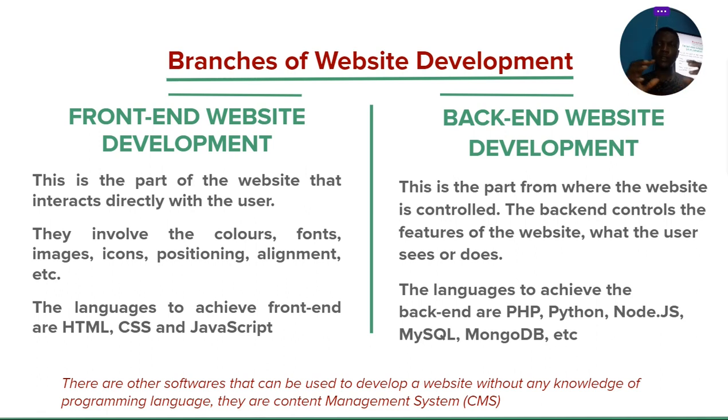It's basically built on HTML, CSS, and JavaScript. The HTML controls the structure of the website, how the website will look. For instance, if you are trying to build a house, you have your blocks and your cement and your concrete, with which you build and mold the structure of the website.